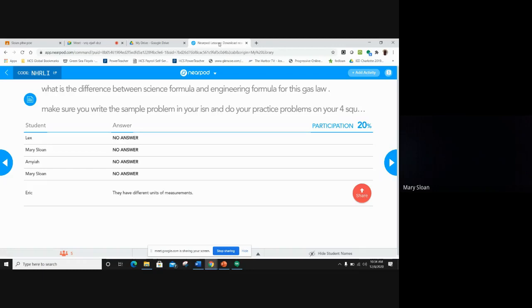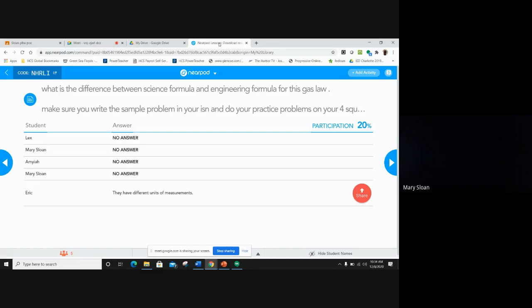Eric says they have different units of measurement. What besides that, Eric? One more time. The difference is you have to change the pressure in here. Pressure is the main thing, right? Okay, so the difference for Boyle's law is pressure.